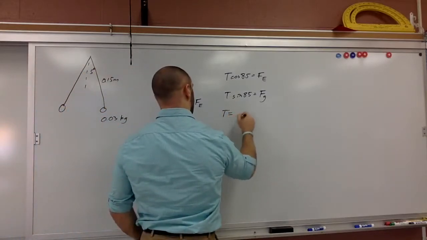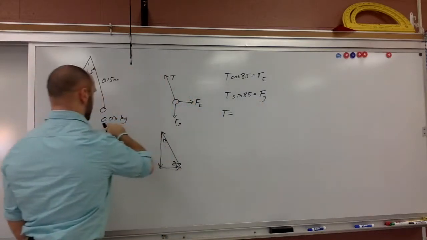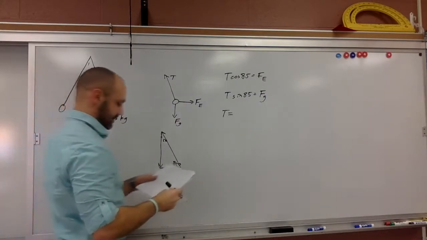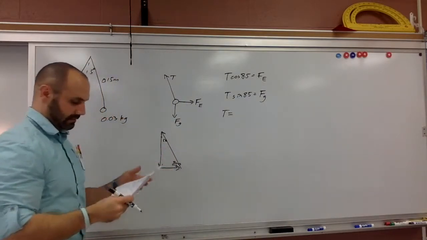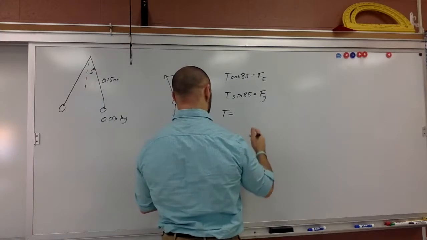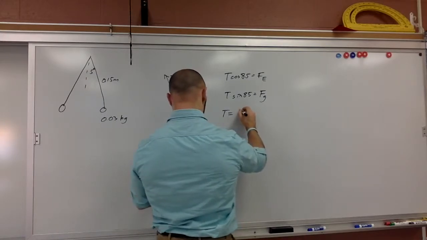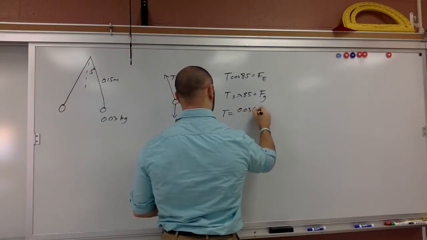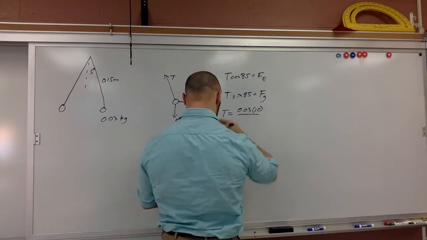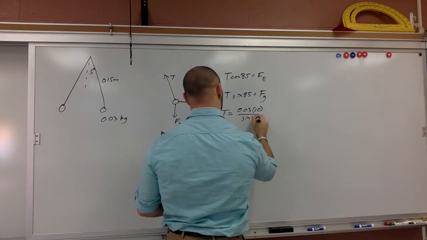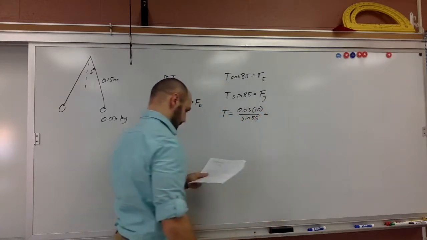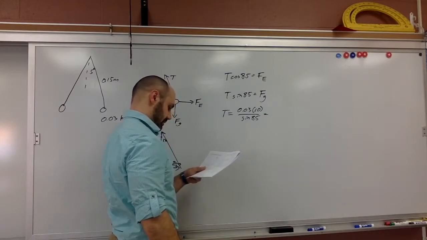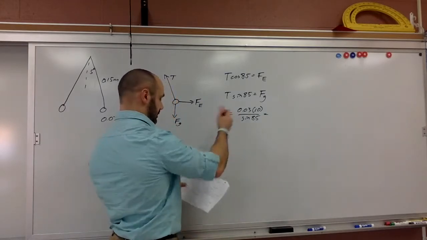So the gravitational force is going to be 0.03 kilograms times 9.8, or 10. So T is going to be, let's use 10, 0.03 times 10 over sine of 85. So that's what T is.